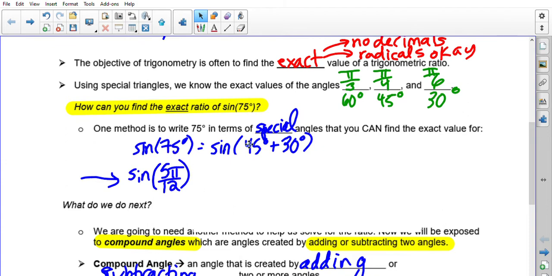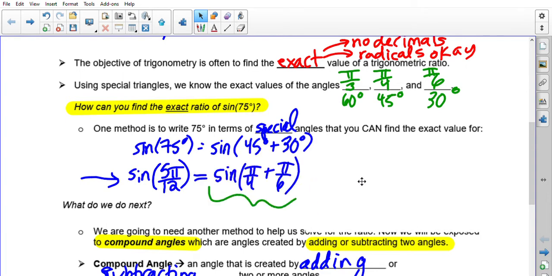If I wanted to rewrite this now in terms of radians, that would be sine of the bracket pi over 4 plus pi over 6. Pi over 4 is the 45, pi over 6 is the 30. However, we do not know how to solve something like this.